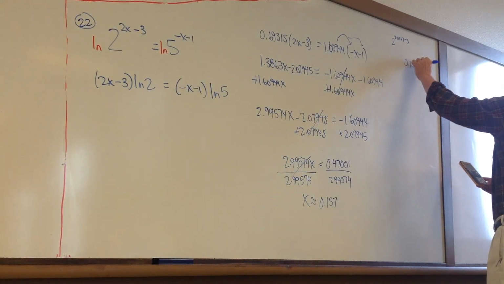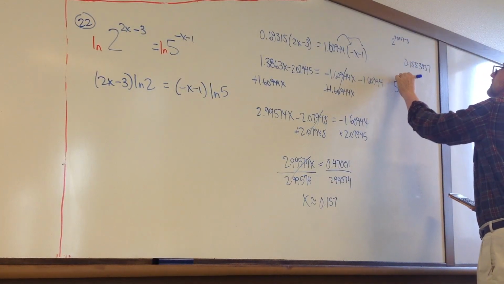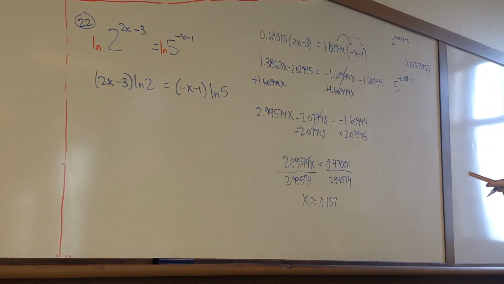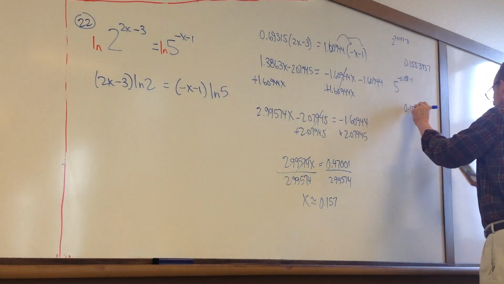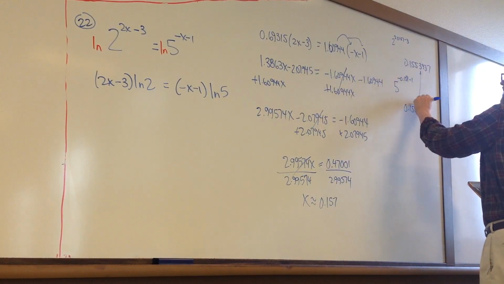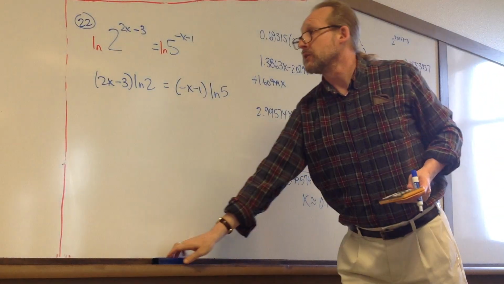About 1.1553937. And then we'll do 5 to the minus 0.157 minus 1, 0.155343. So not bad. We're good up to the 10,000ths place there. We start to lose our accuracy in the 100,000ths place. But in general, this is a pretty good approximation.